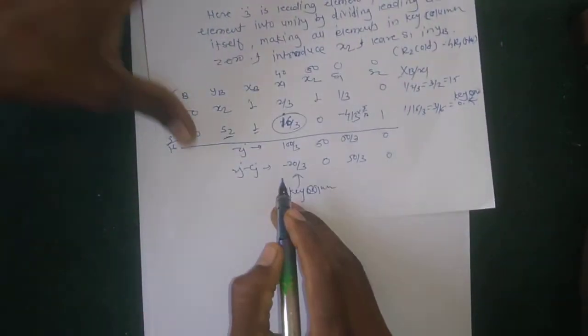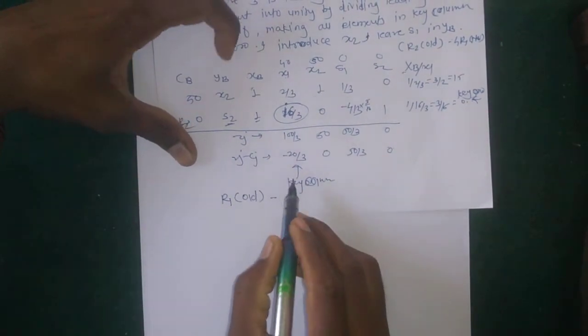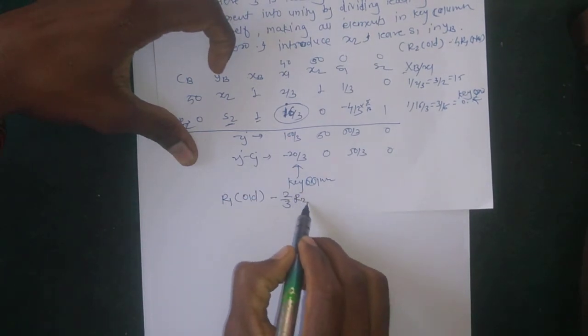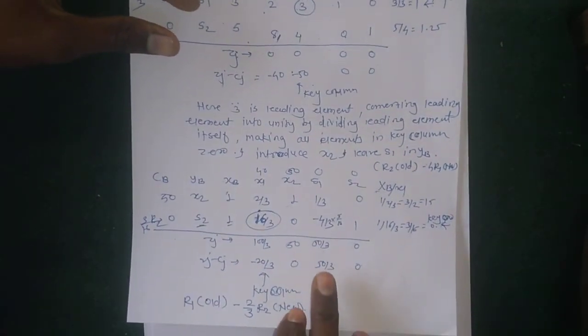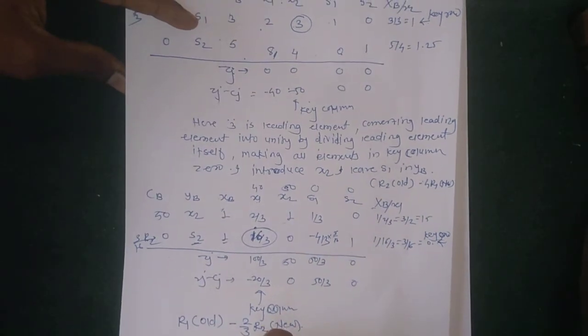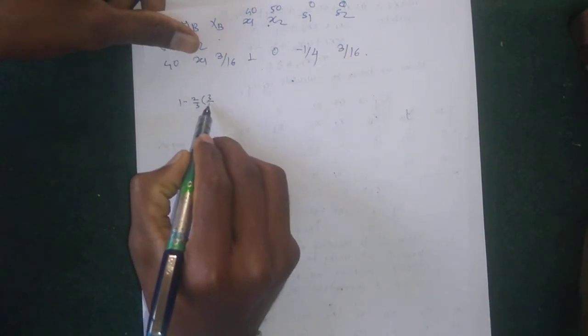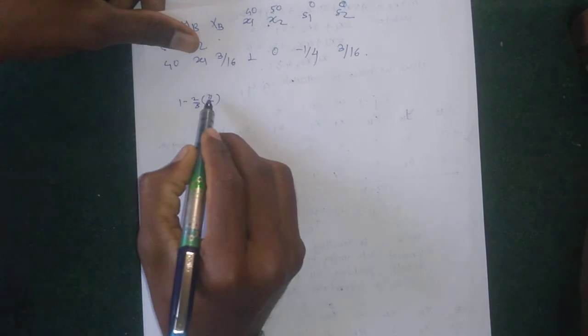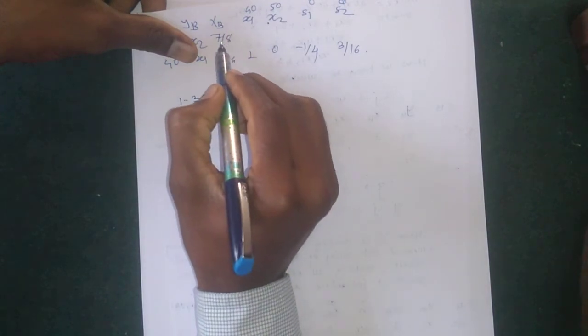For the operation here, take new r1 as old r1 minus 2 by 3 of new r2 in the next column. So r1 is 1 minus 3 by 16 into 2 by 3, the 3 gets cancelled, 1 by 8, so 8 minus 1, 7 by 8.